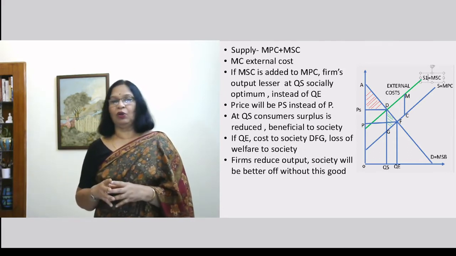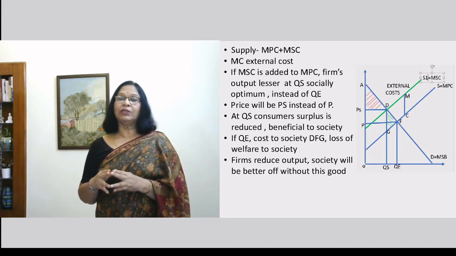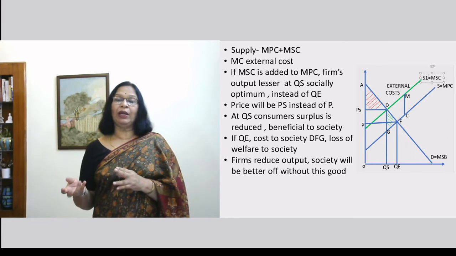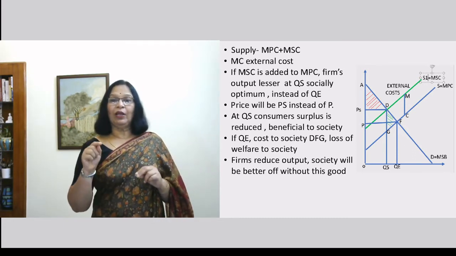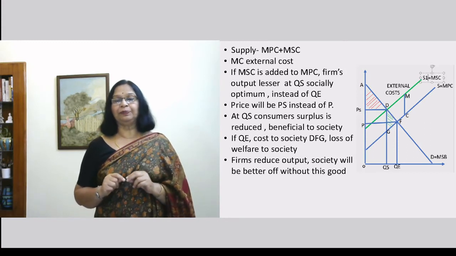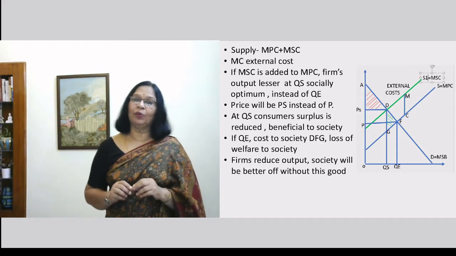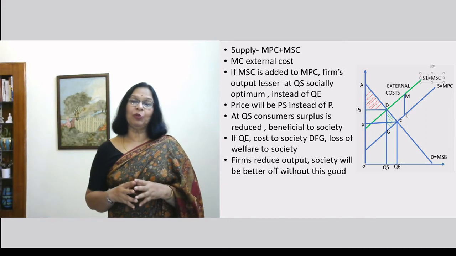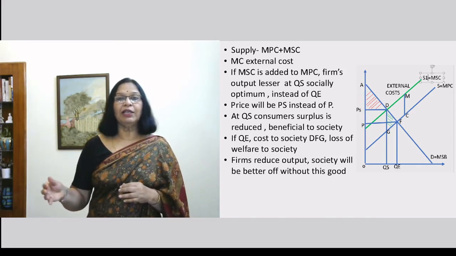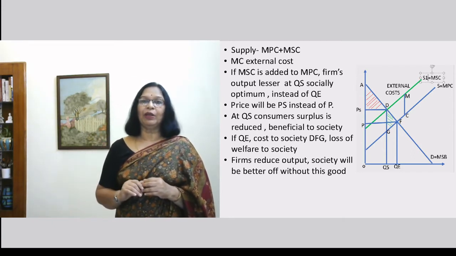Now, what is social cost? Social cost is those kinds of cost which the society has to bear and which is not internalized by the firm. Now, let us see how it is happening here. Assume that a firm is polluting the water body. When the firm is polluting the water body, an externality is experienced by people who live by the side of that water body.